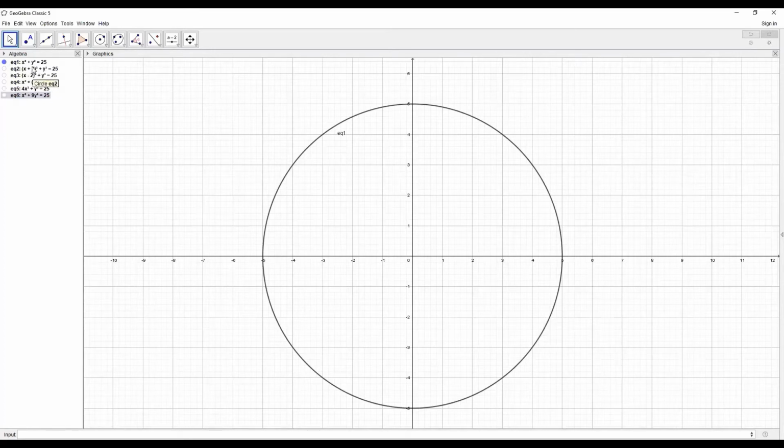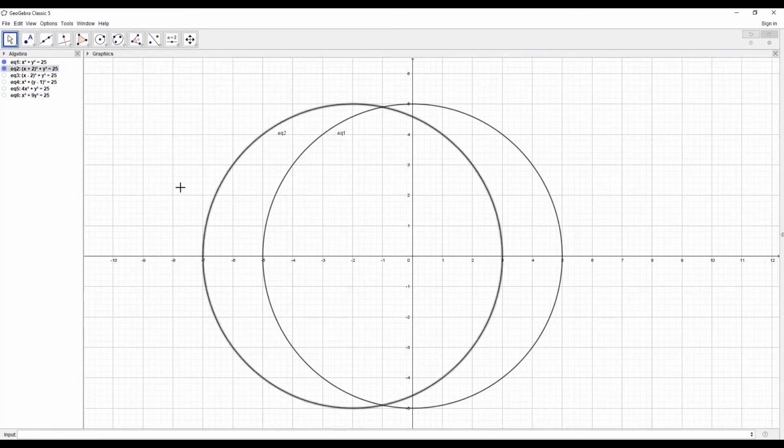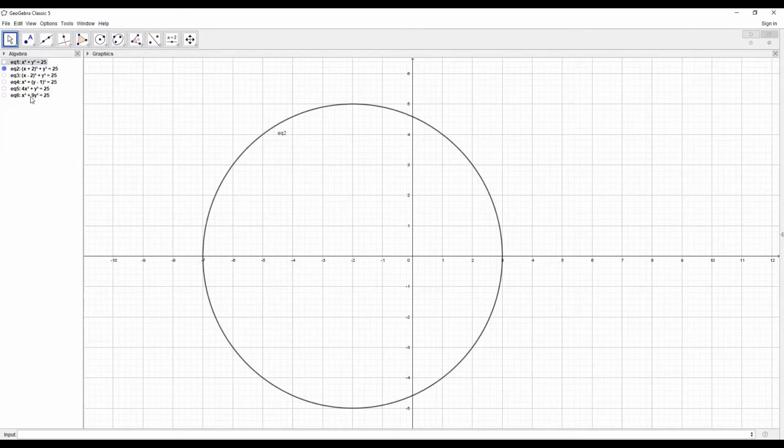Okay, so if we look at equation 2 here, which has x replaced, in the parentheses, with x plus 2, you see it shifts the whole thing to the left. I turned off the first circle so we can see how this happened, but the circles have the same shape. All circles have the same shape, of course, but it also has the same size.